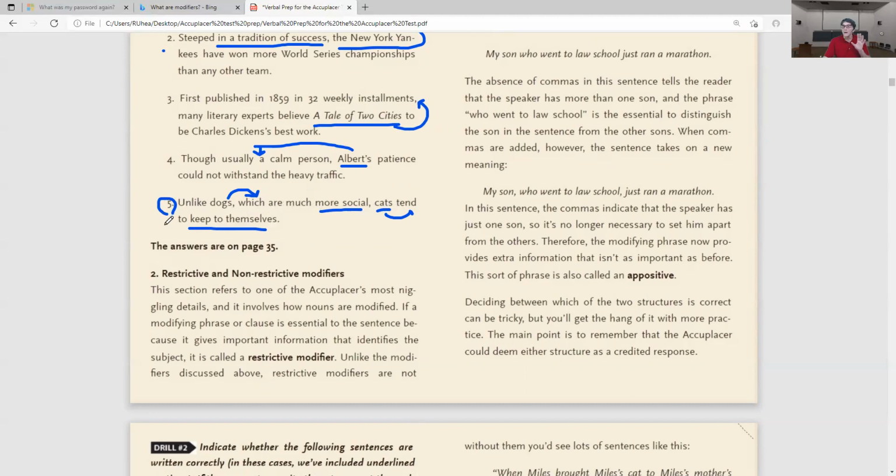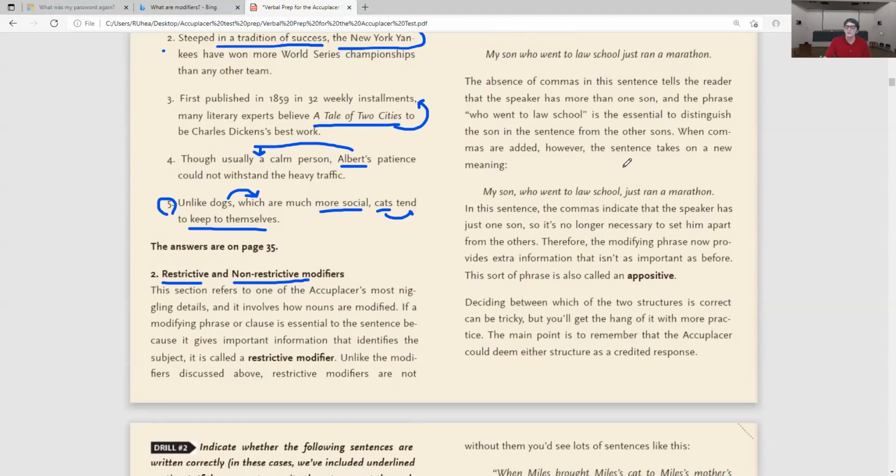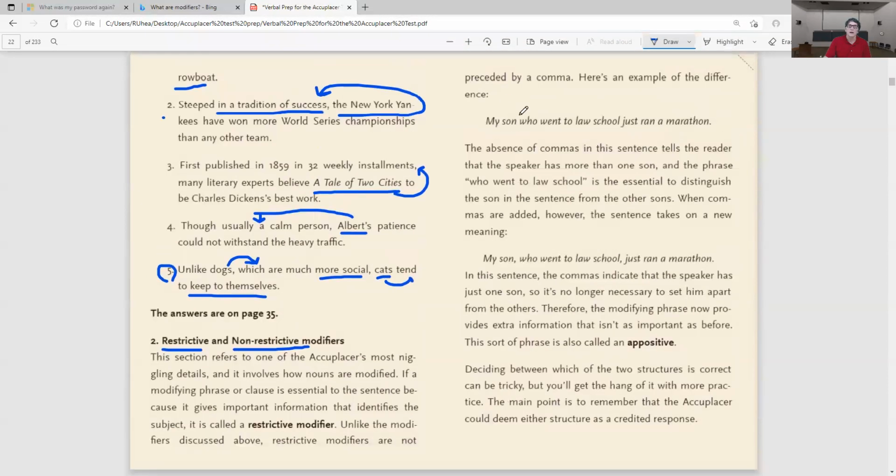So one of the first things to remember is to identify when modifiers are misplaced, when modifiers are in the wrong place. Another thing to remember about modifiers is that there are restrictive and non-restrictive modifiers. And you'll see those problems in many sentences on tests.